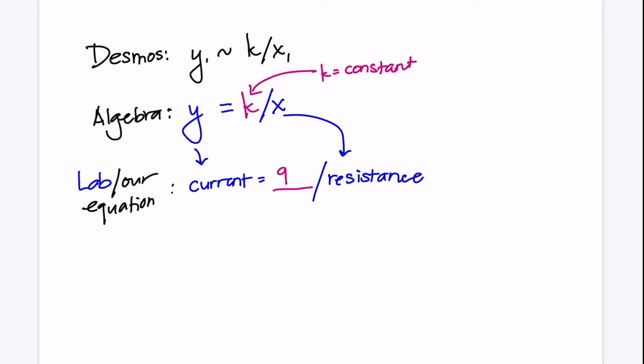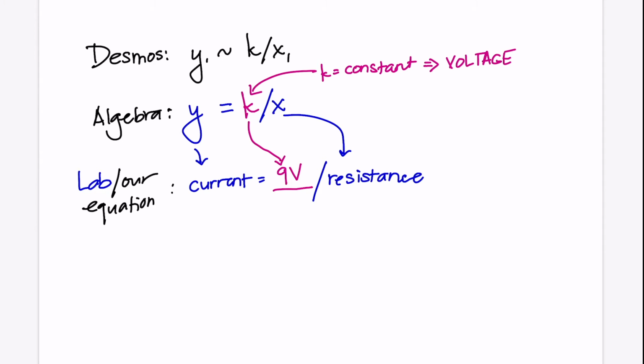Okay, and so if you remember, the thing that we kept constant was our voltage. And so that's how we know that the units for our constant would be volts.